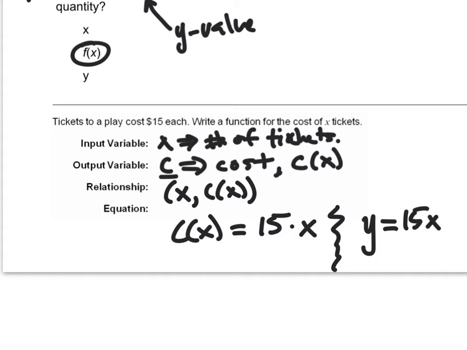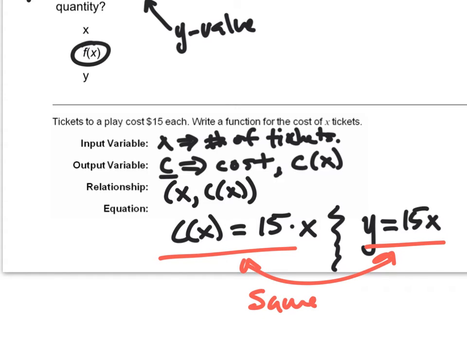What's the difference between this and this? There is no difference. The only difference is how it's written. This and this are the same thing.